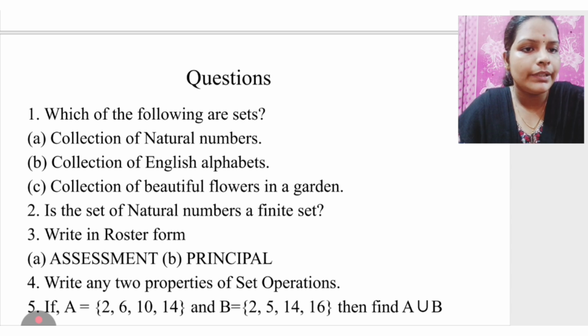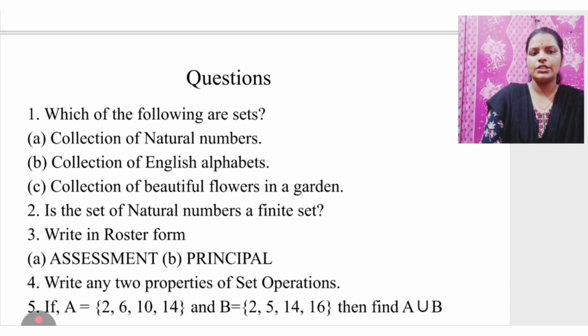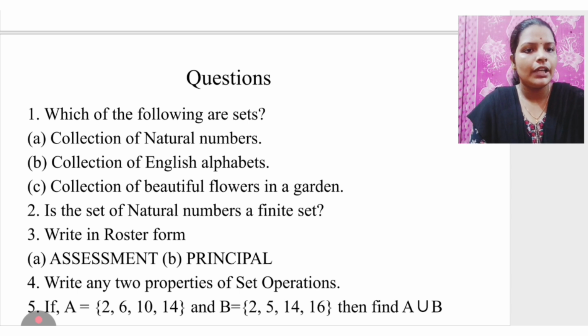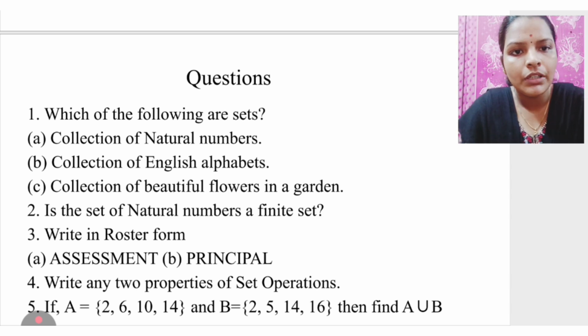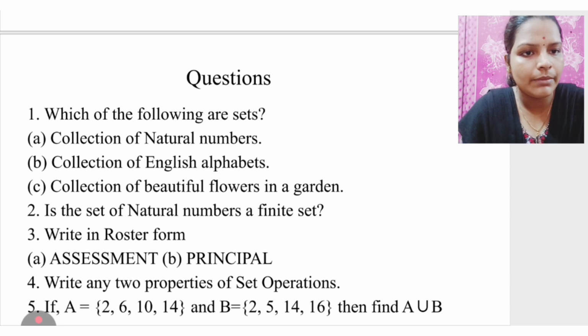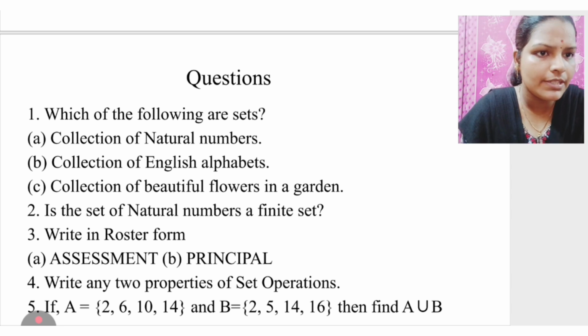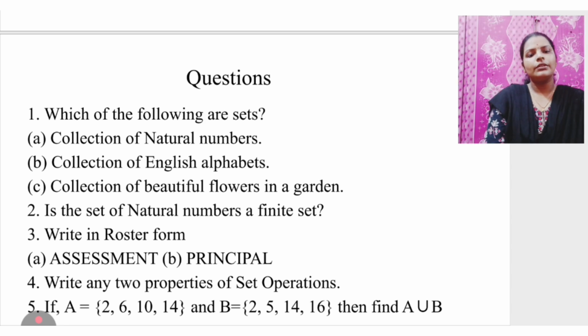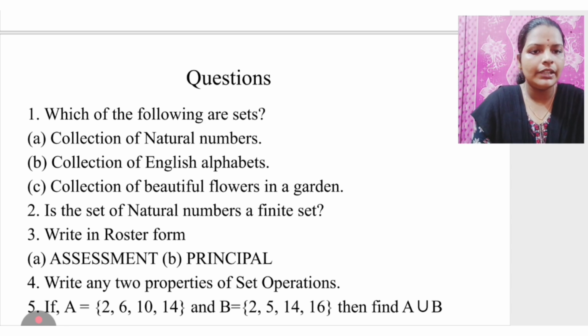We saw three properties, that is commutative, associative and distributive. You can write any two. If A equal to some given elements and B equal to some elements, then find A union B. A union B means we have to club the elements of A and B and write them together.